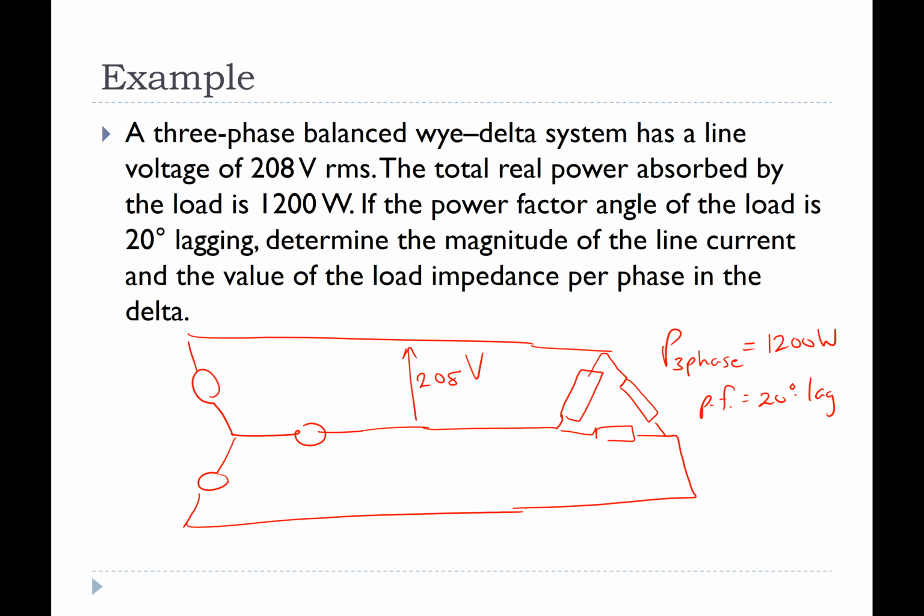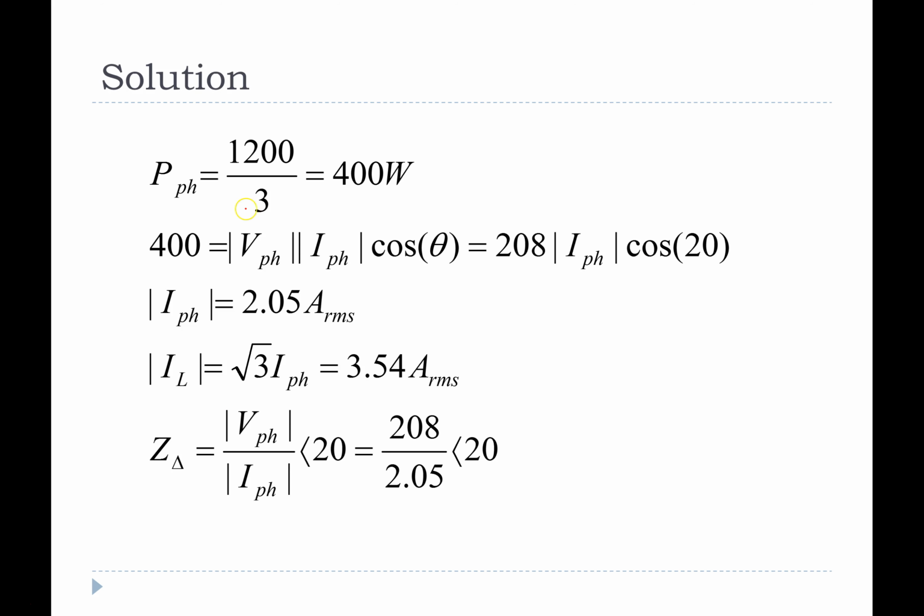So what we need to do is find the power per phase. If this is a balanced system, which it is, then we know the power in each one of these is equal, and we can find the power per phase, which is 1200 divided by 3, 400 watts.